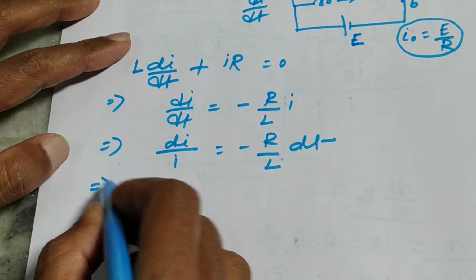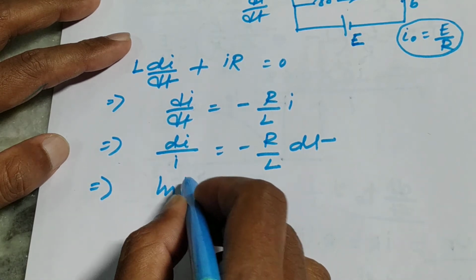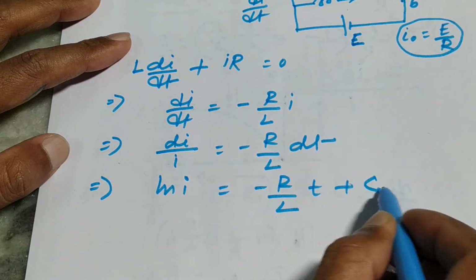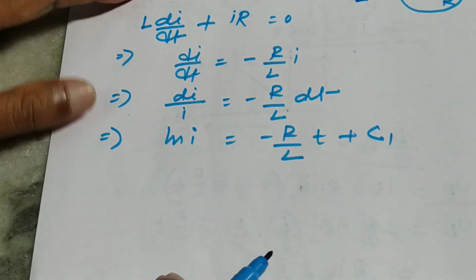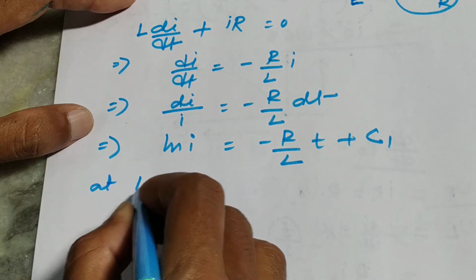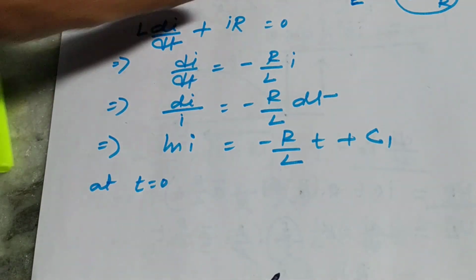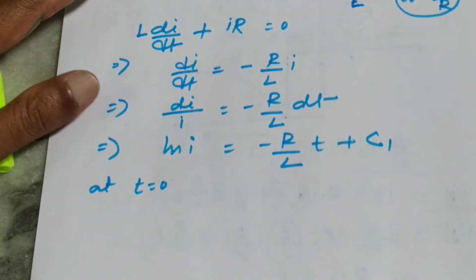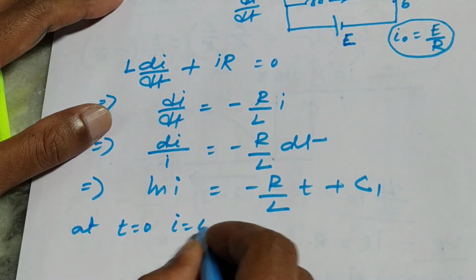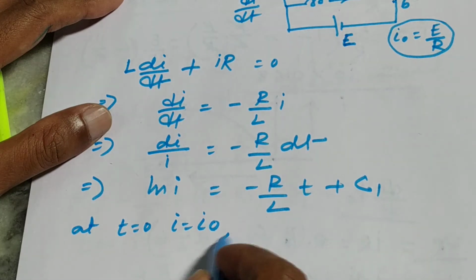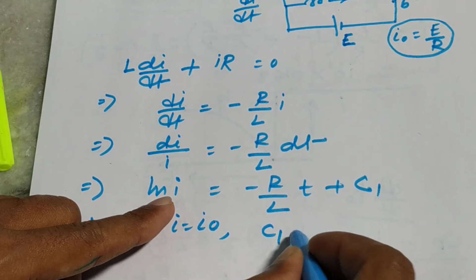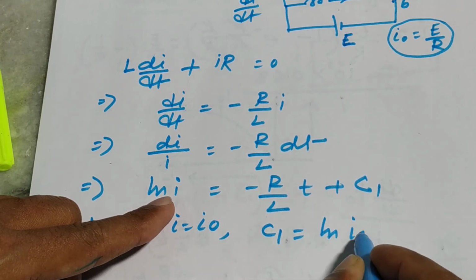If we integrate it, we get ln I is equal to minus R by L t plus C1. This is another integrating constant, and at t equal to 0, the current in the circuit was I0, the maximum current. So at t equal to 0, I is equal to I0. If we substitute this in that equation, then we get C1 is equal to ln I0.